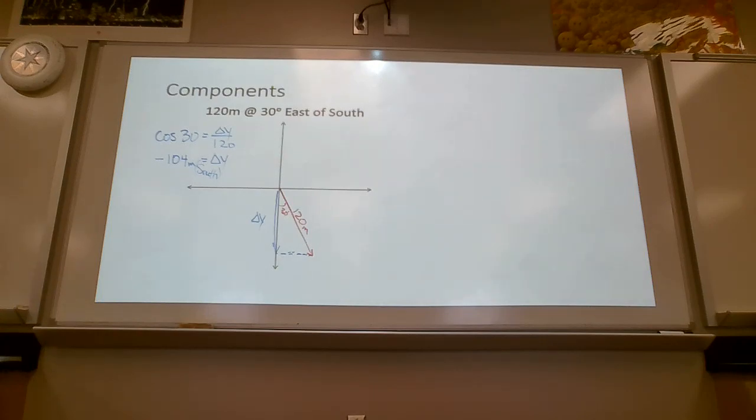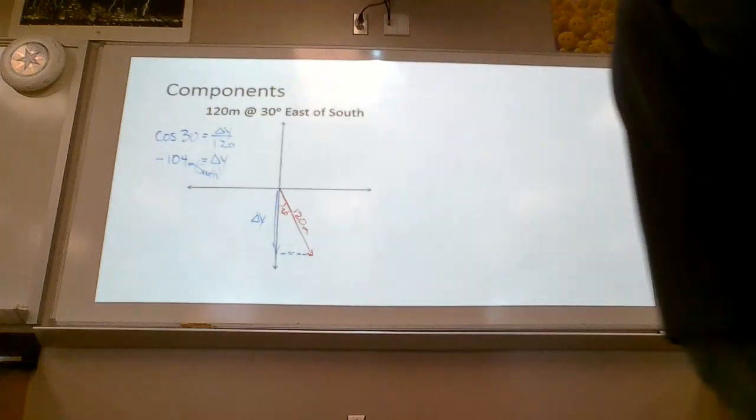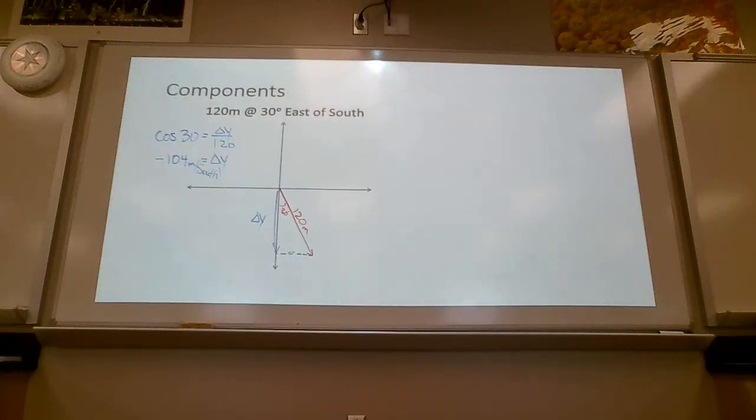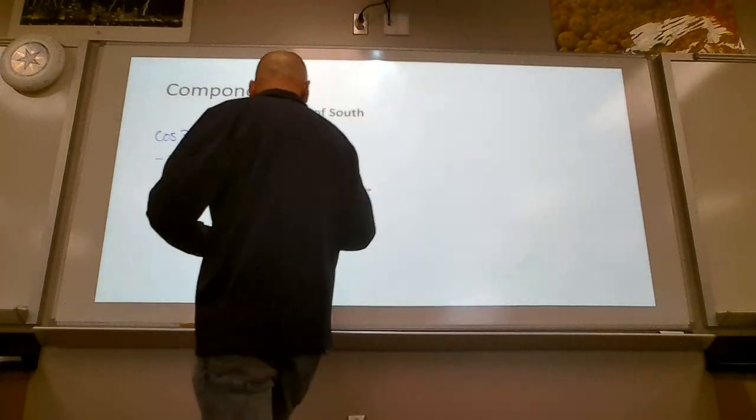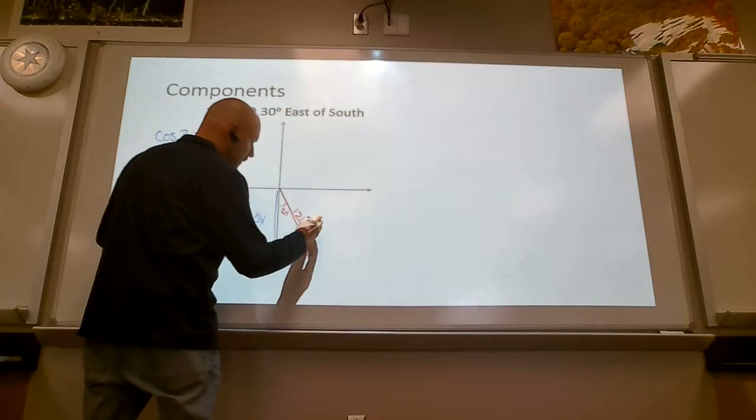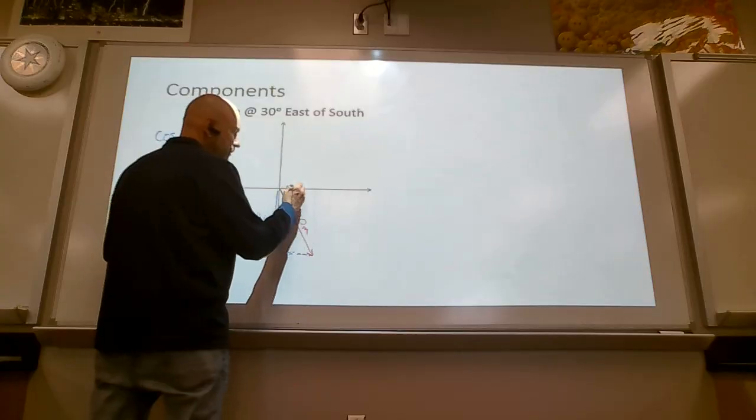Okay, good with that? Now, in my wanderings, did I move eastward at all? Not all of my motion was going east, but part of it was, right? Yes? How much of it was going eastward? About that much.